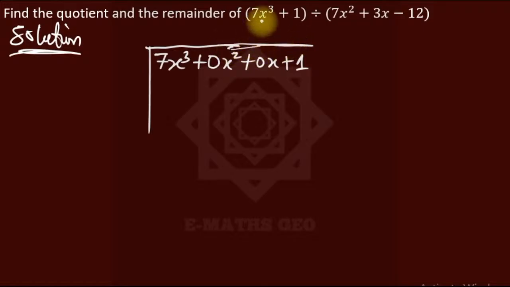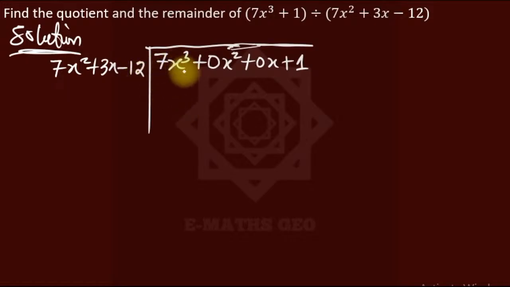It will guide us. So whenever you are asked to divide a polynomial and you notice that the polynomial, that's the dividend, doesn't decrease down to a constant, you have to write the coefficient 0, so it will aid your solution. So this is 7x squared plus 3x minus 12.